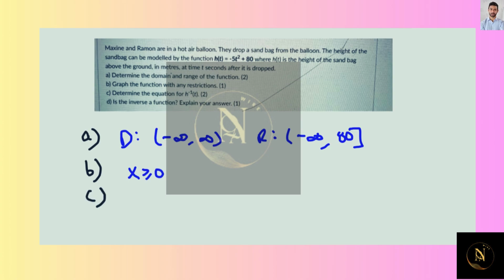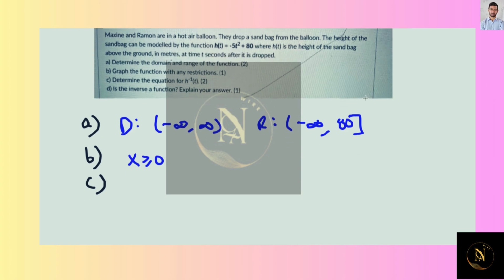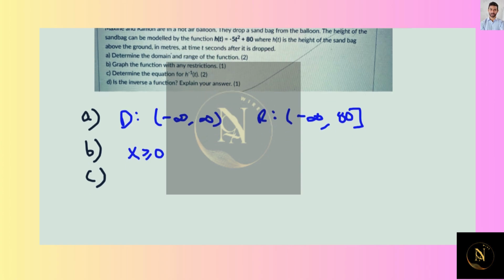Now we can determine the equation for the inverse, because now that we've restricted it as x is greater than or equal to 0, then we can invert it by thinking of h of t as a y. And I'm going to think of t as an x just for our inversions here.